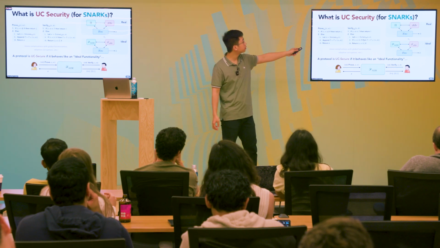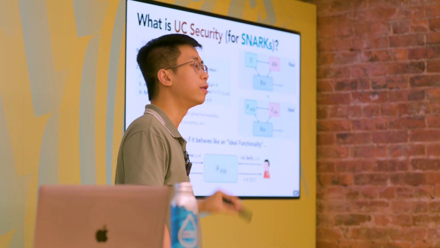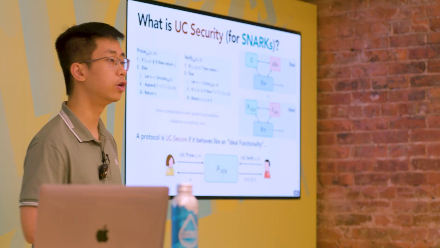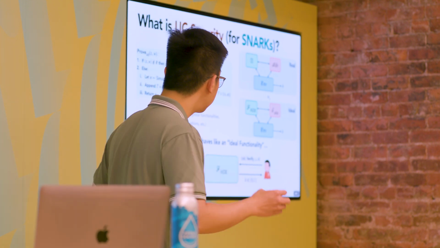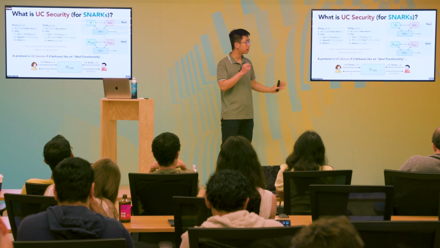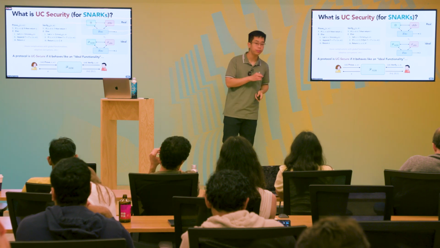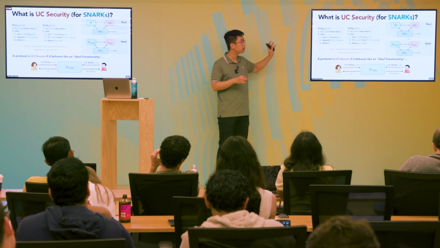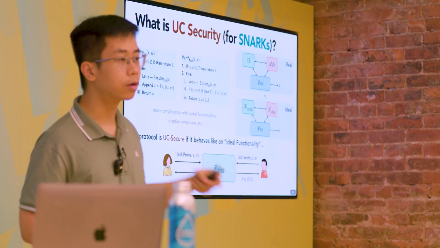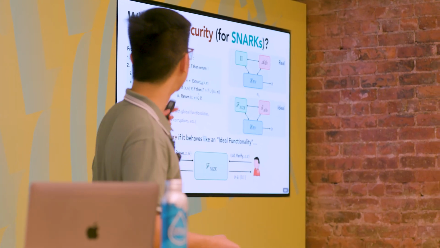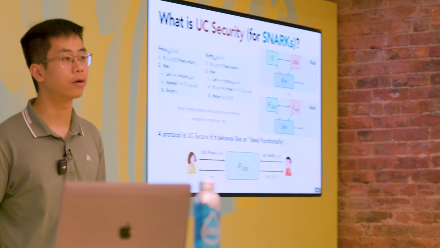In the ideal world, you need to replace the real adversary with some simulated algorithm that you're going to define that somehow manages to make it hard to distinguish whether you're in the real or ideal world. Okay. And UC has had a lot of extensions to handle global functionalities or adaptive corruptions and so on that I'm just going to sweep under the rug for this talk.